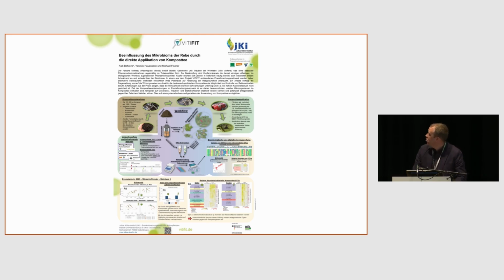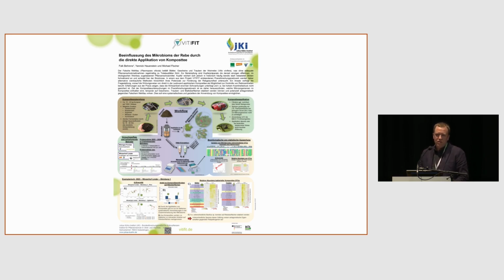Then we filter the liquid and apply it directly to the canopy in order to get the microorganisms onto the leaves and the grapes to work against infestations and disease.